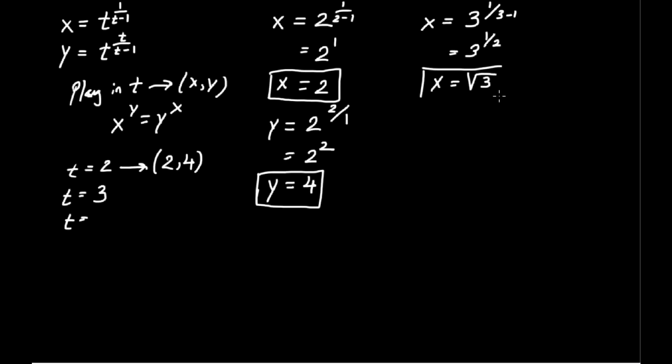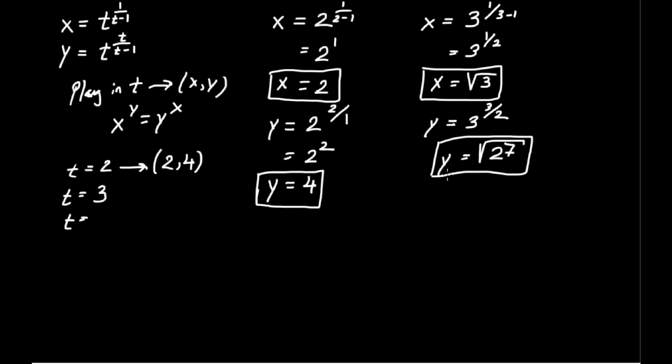So that's going to be the x corresponding to that t. And what's the corresponding y? I just plug it in again. I get 3 to the 3 over 3 minus 1, which is 2. So I could keep it like that. Or I can also write it as the square root of 27 as the corresponding y value.